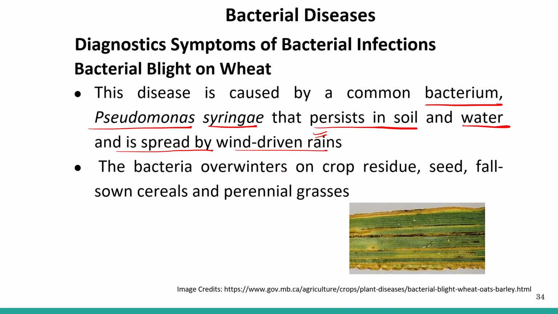The bacteria overwinter on crop residue, seeds, fall-sown cereals and perennial grasses. When these bacteria overwinter on crop residue, seeds or fallen sown cereals, they grow on the new crop plants.